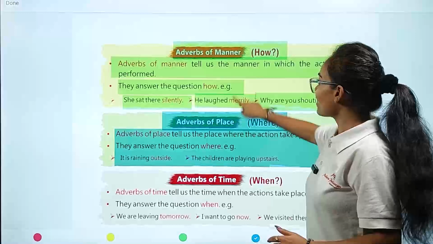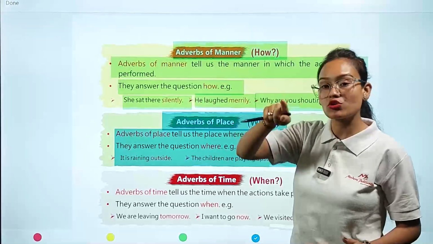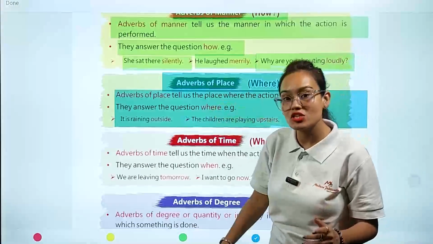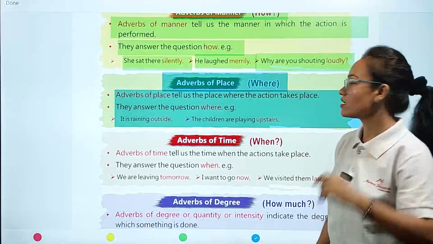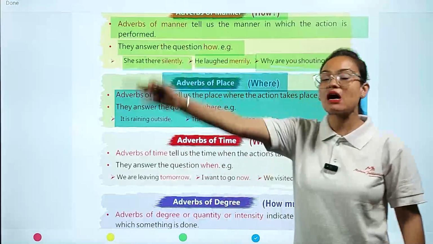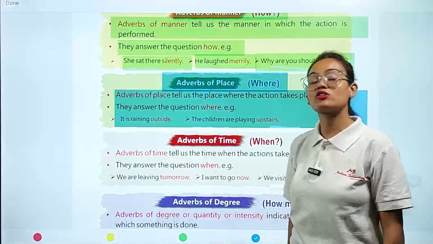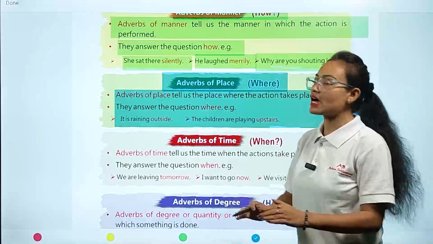If the adverb of manner gives the answer to the question word how, then the adverb of place gives the answer to the question word where. Example: it is raining outside. Here it is telling you the place where the raining is taking place. The children are playing upstairs.